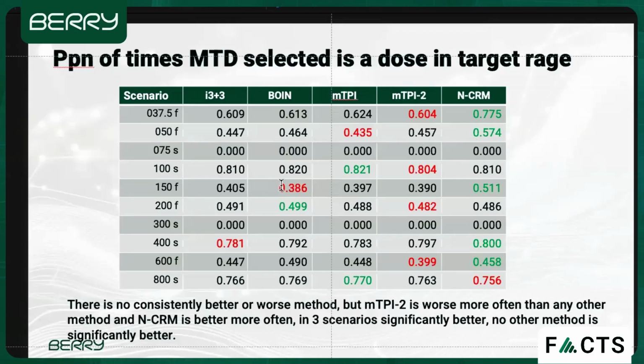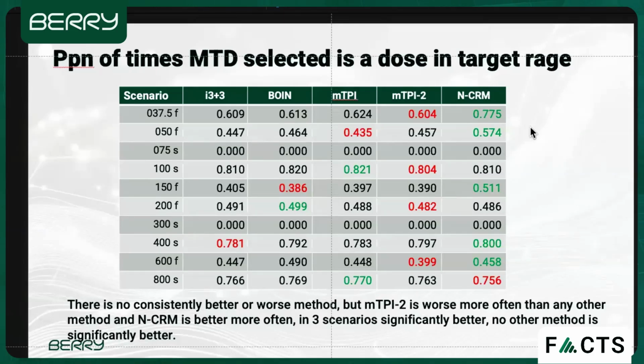And also the 150 flat, this 50% chance is considerably better than any other method. The other best method is I3+3 with a 40% chance of picking the MTD. So on this count, I think the NCRM is looking a bit of a favorite.